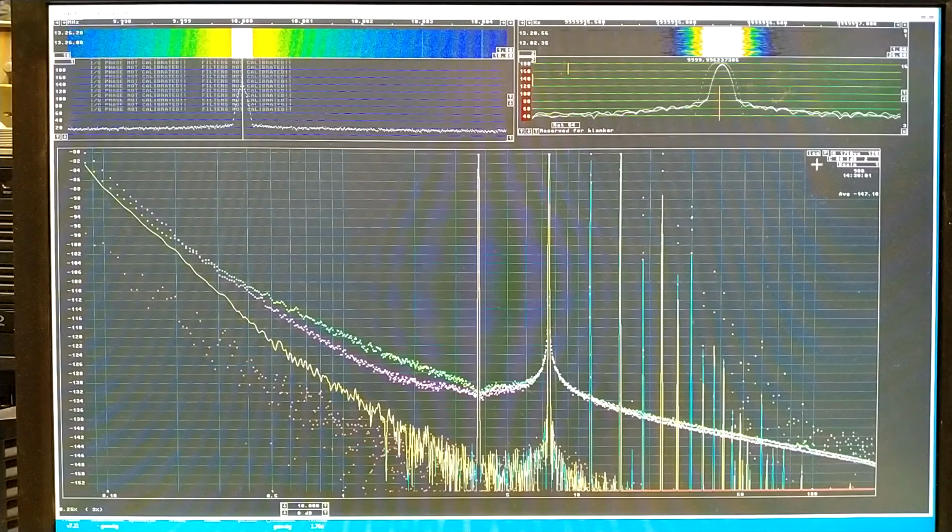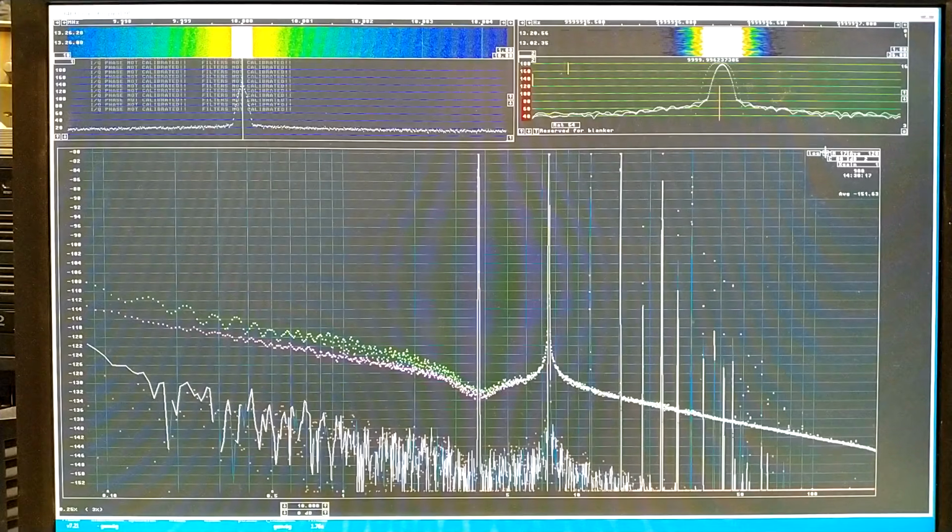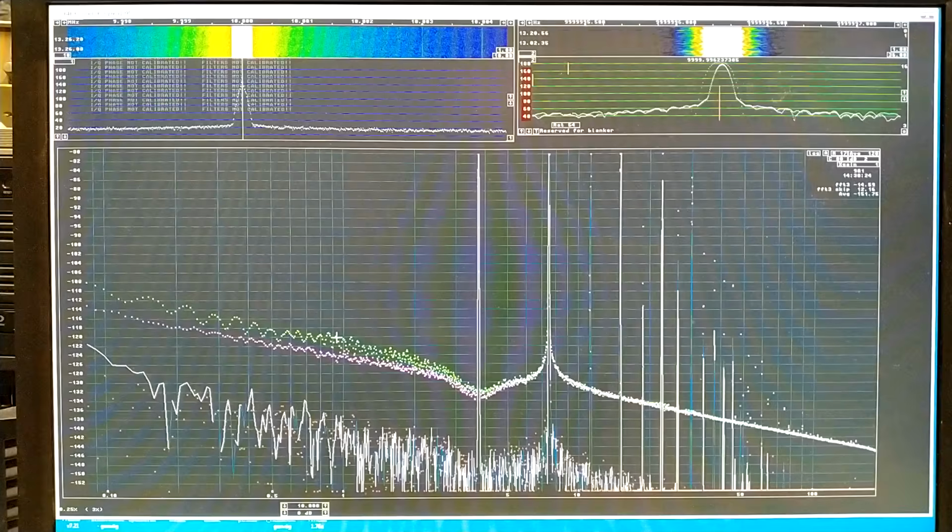Well, before that I look at the amplitude noise, which is far below the phase noise. And there is something odd with my channel 1 oscillator. Why it behaves like this, I don't know.